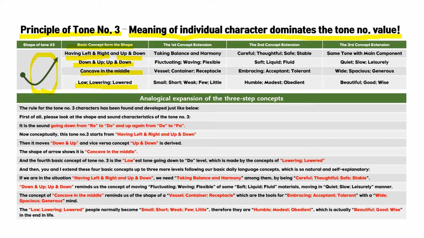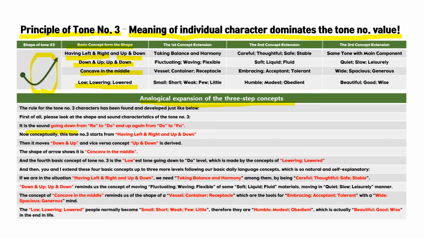These are the main four concepts. We are going to start with these basic concepts, and what we will do is analogical expansion of the concepts, a three-step expansion of the concepts.